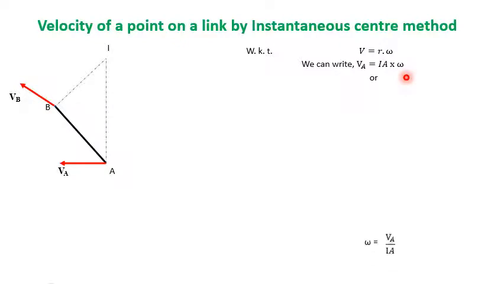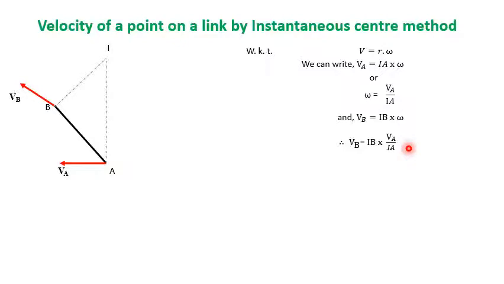So the above equation can also be written as omega, that is angular velocity, is equal to VA by IA. And similarly for the velocity VB, the radius is nothing but the length of this line IB multiplied by the angular velocity omega. So this equation can also be written as VB is equal to IB into, in place of omega we can substitute VA by IA.